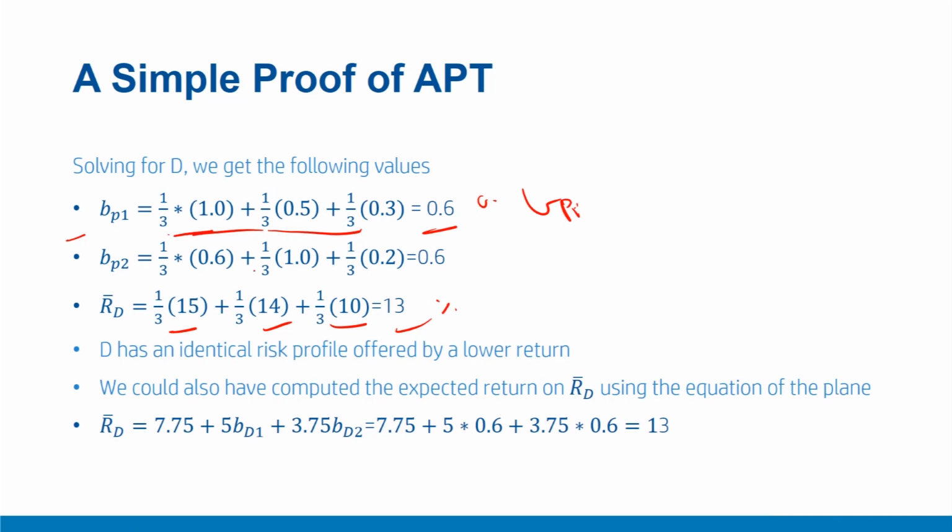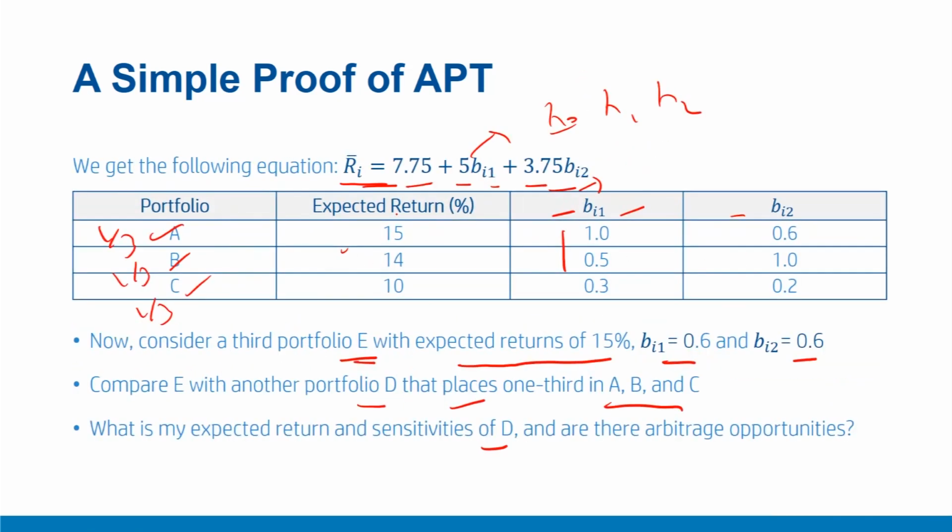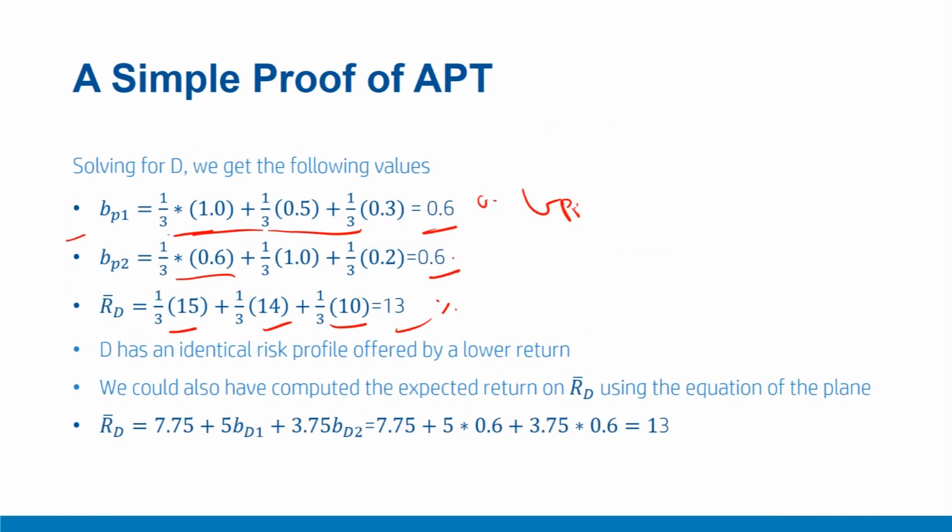Similarly for BP2, we can compute the simple average of these three values to get 0.6. Although we could have computed the expected return with the help of this equation of plane by substituting values, a simple average would also do. So the expected return is 13%, and sensitivities are 0.6 and 0.6 with respect to index I1 and I2.